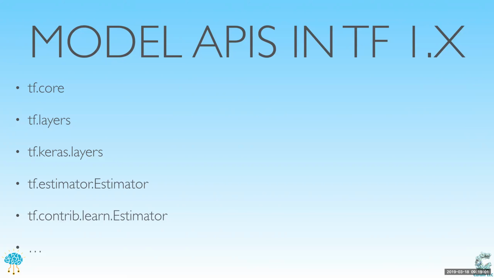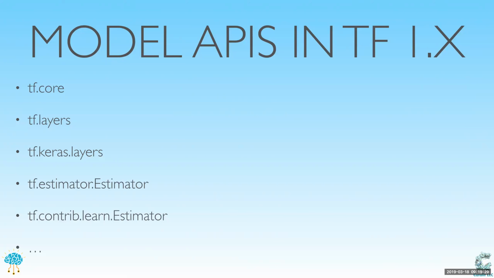And there was an Estimator API that had a completely different implementation based on layers and allowed you to use canned estimators, for example, like linear regression or multi-layer perceptron and so on. And there was also a contrib learn estimator API, which was basically already deprecated, but was an overlap with the estimator API.